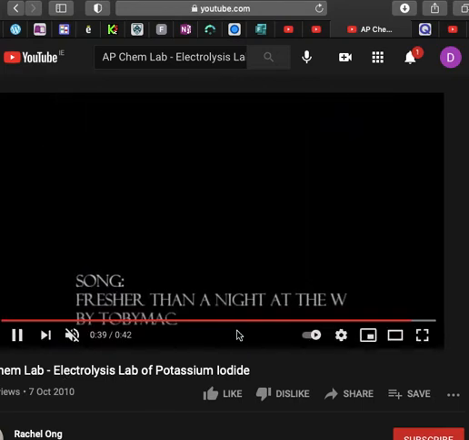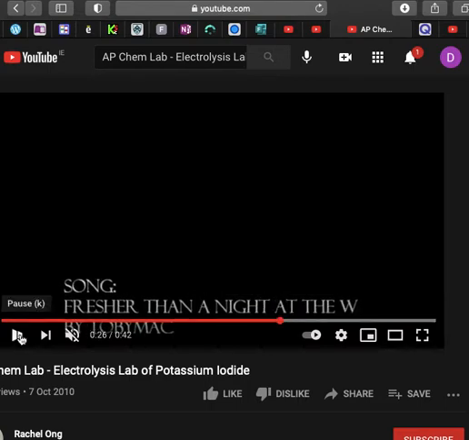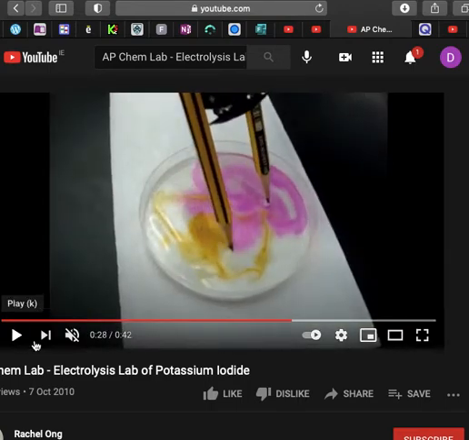Okay, so then the other question would be, what are we producing at the cathode that would make this pink? An acid? So think back to the titration for phenolphthalein. We put acid in the burette, we put base in the flask.